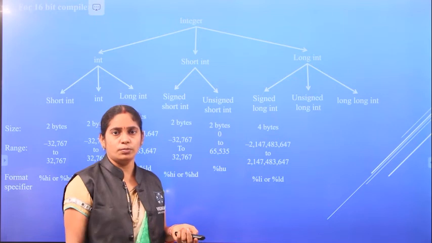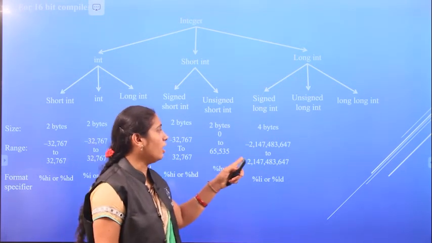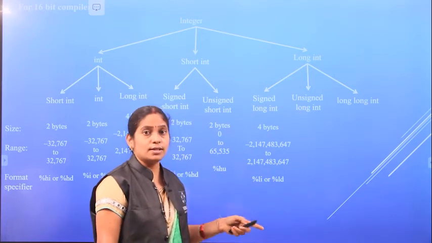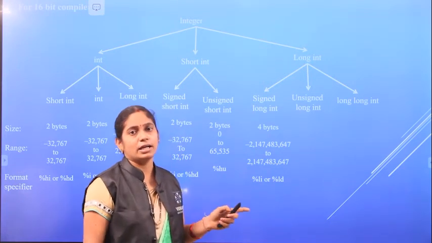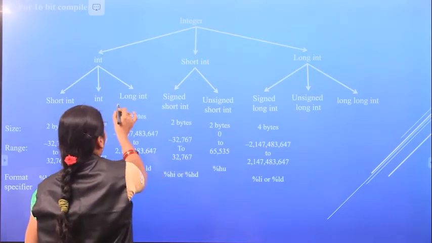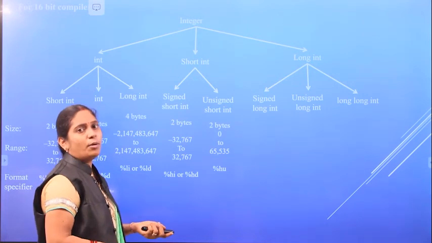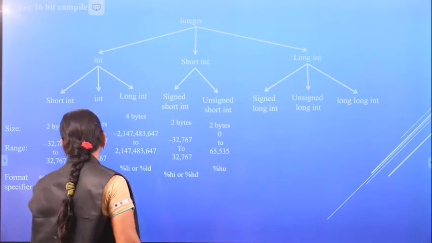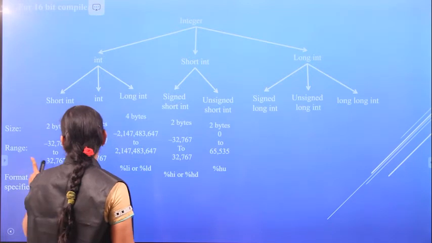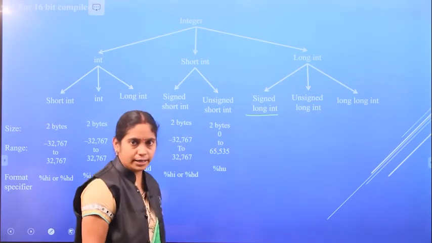Then we'll move to the next form, that is called long int. So long int also has two forms, signed and unsigned. If you simply write long int like this, it becomes signed form only. Both positive and negative it contains. So here see the different forms of long int, signed long int.